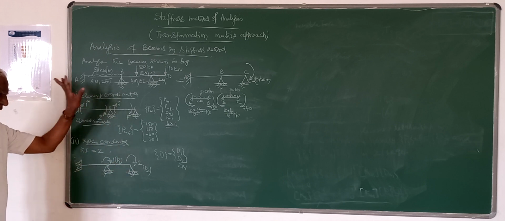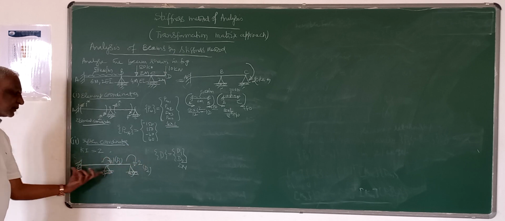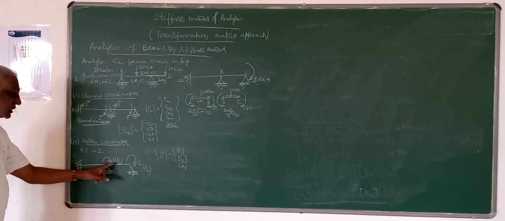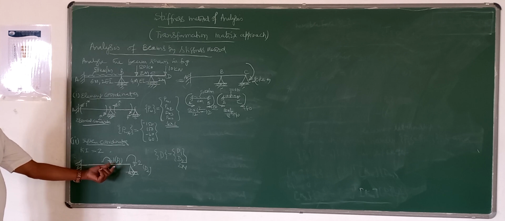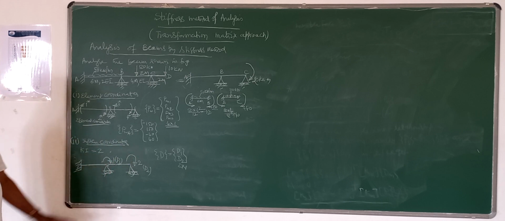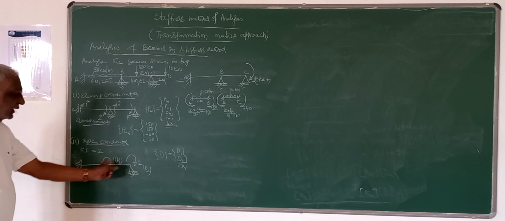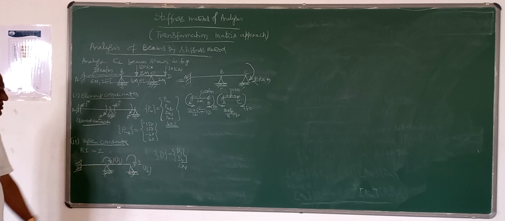Here vertical displacement is not possible at all, and horizontal displacement, because we assume each member to be axially rigid, though it is possible here, because the other end also, if this moves, this also should move. If this cannot move, this also cannot move. So the horizontal displacements are not there at these 2 ends. So ultimately we are left with only the 2 possible displacements, and corresponding to these coordinates, we have to evaluate during analysis.